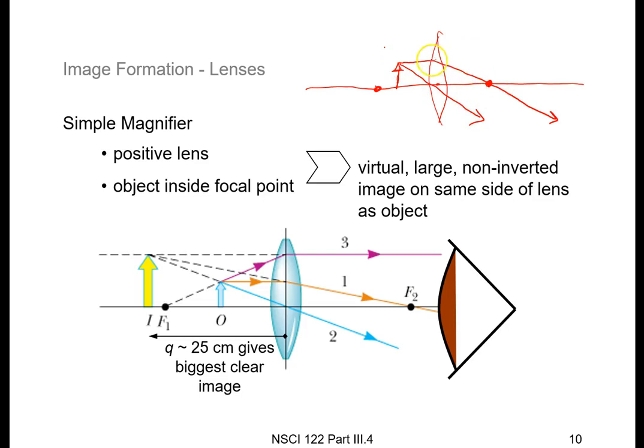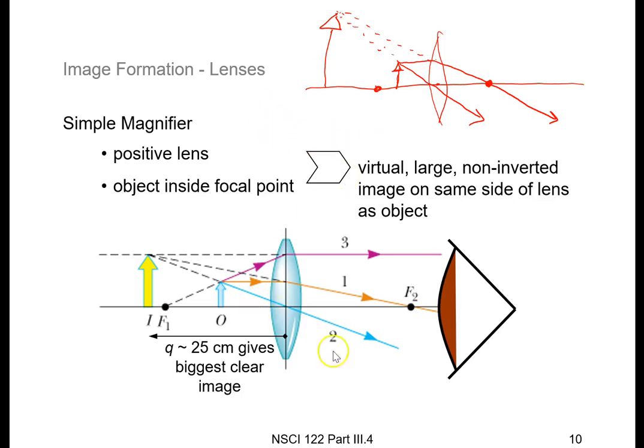So trace them back, and they should appear to meet right there somewhere. There's your image right there. So if you do a fairly careful job with your rays, they'll do what they're supposed to do, and you'll be able to form the correct image.